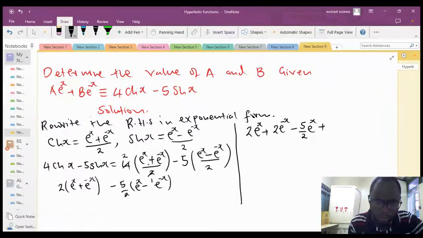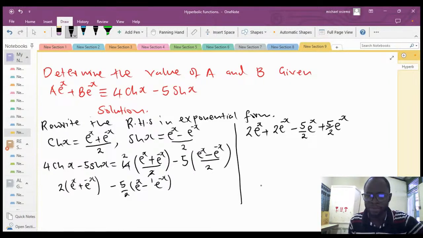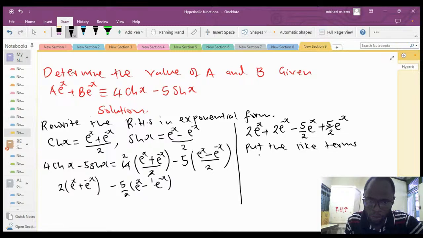The reason why it is plus is because of this minus. Negative 5 over 2 multiplied by negative exponential x would be positive 5 over 2 exponential negative x, like that. So from here, we put the right terms together.